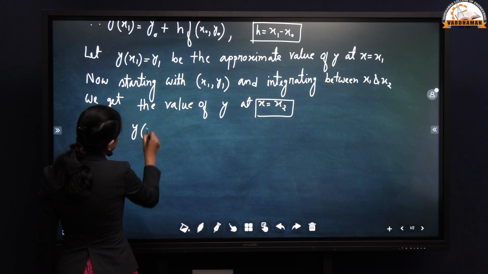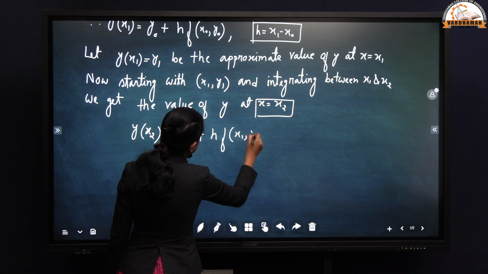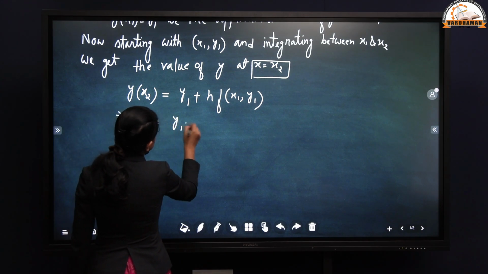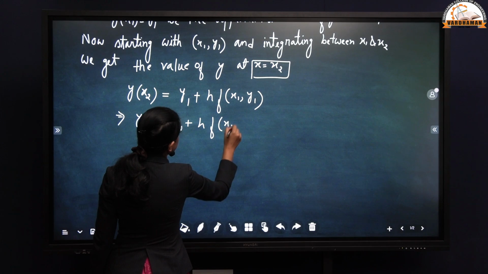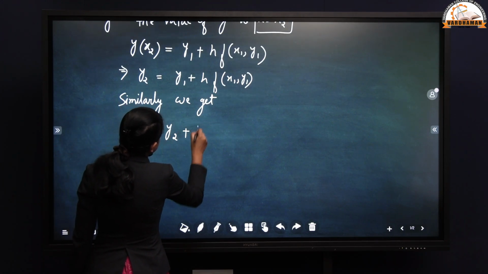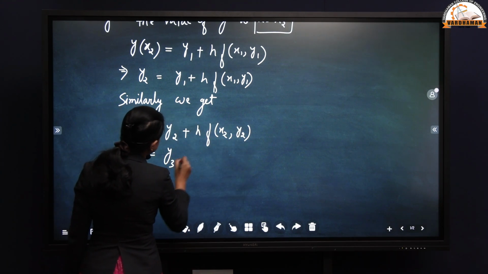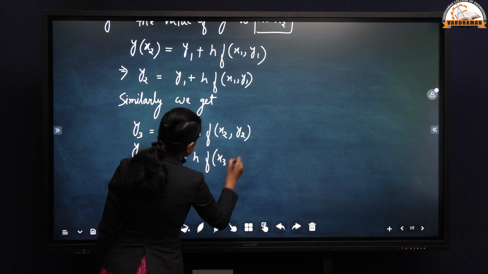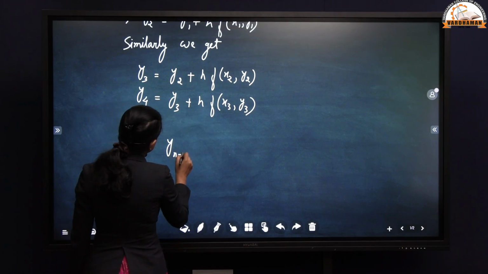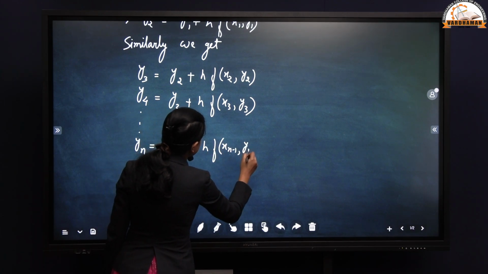So y of x2 is equal to y1 plus h into f of x1 comma y1, which you can write as y2 equal to y1 plus h into f of x1, y1. Similarly, we get y3 equal to y2 plus h into f of x2, y2. y4 is equal to y3 plus h into f of x3, y3, and so on. yn equal to yn minus 1 plus h into f of xn minus 1, yn minus 1.